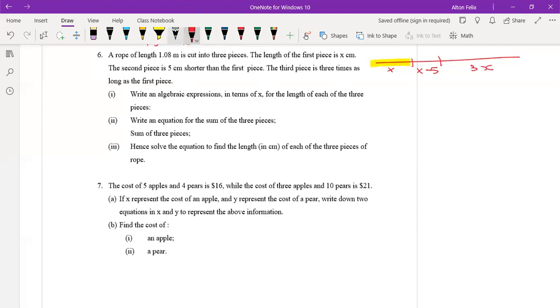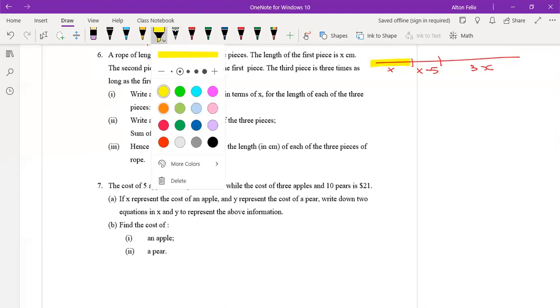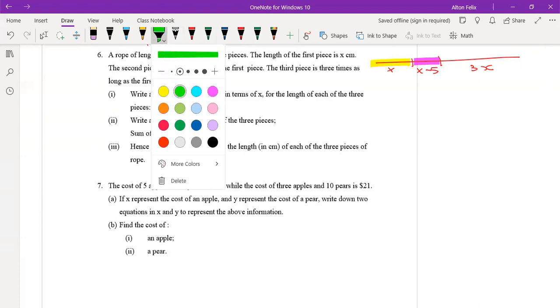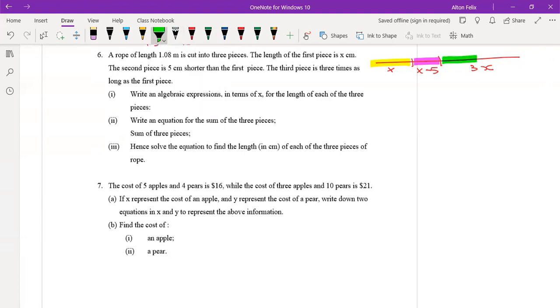So you have the 3 pieces marked over there for you. First, second, and of course, the third piece, which I'll put in green. I've indicated on the diagram the 3 different expressions: x, x minus 5, and 3 times x.